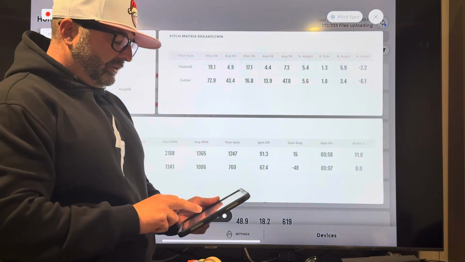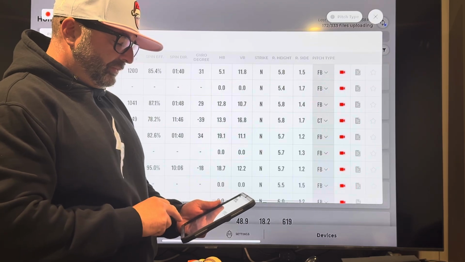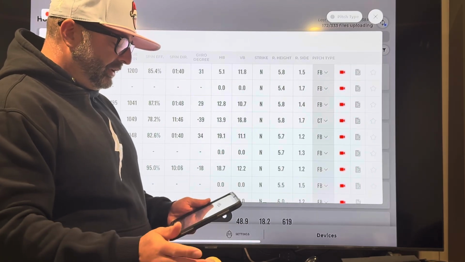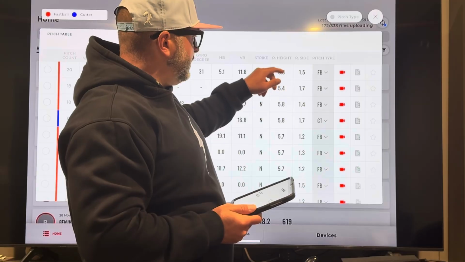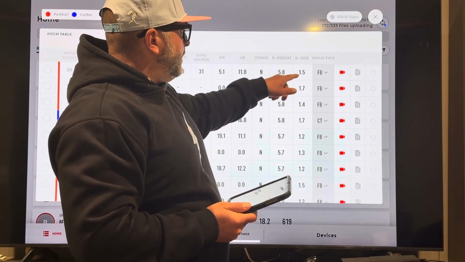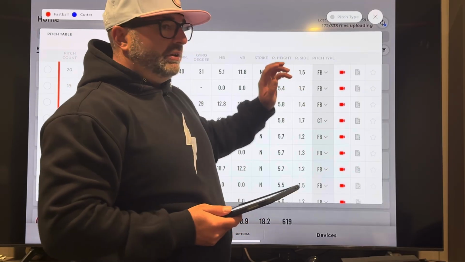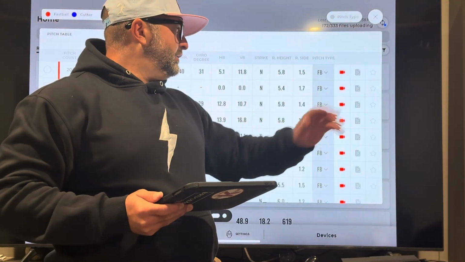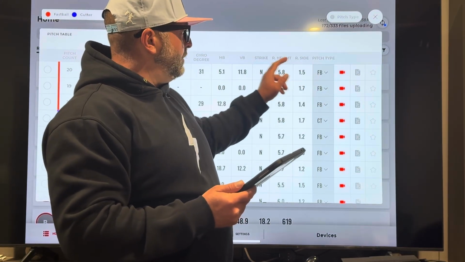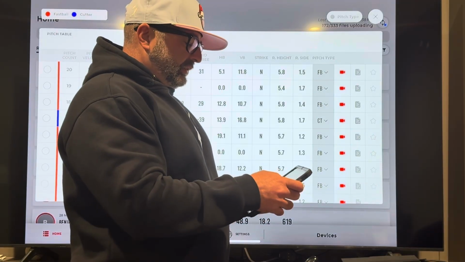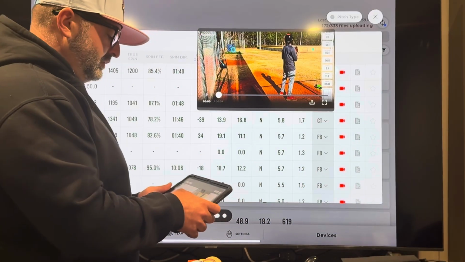We can go over here and look at specific pitches. Our side is going to be your release side. For example, this fastball was 1 foot 5 inches to your right. Let's look at this pitch.